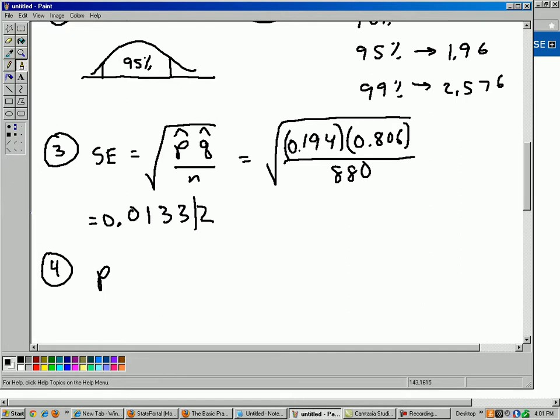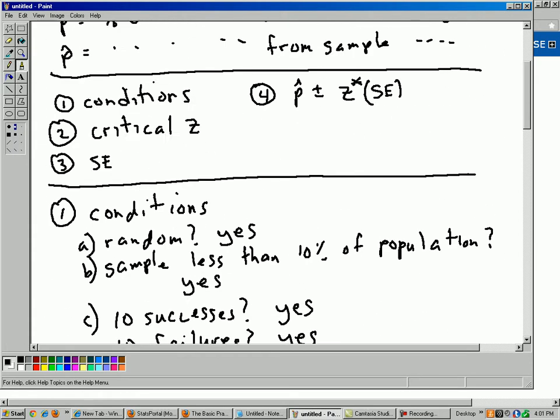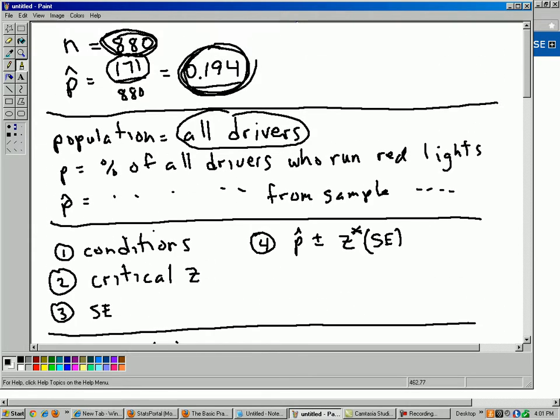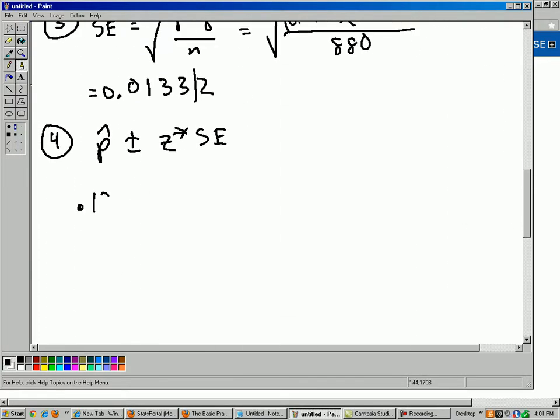Okay, so step 4 is you put it all together. So our confidence interval is p hat plus or minus critical z times standard error. Well, p hat is 0.194, plus or minus z star, which is 1.96, times standard error, which is 0.0133 rounded off.